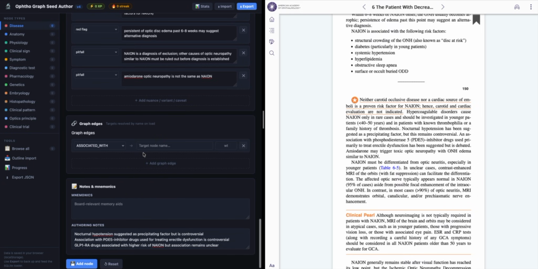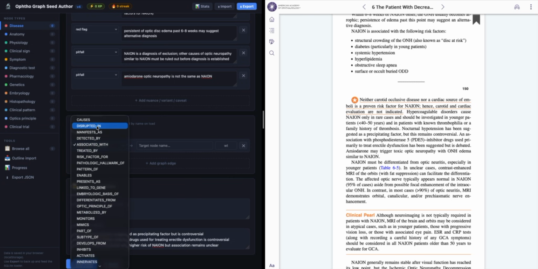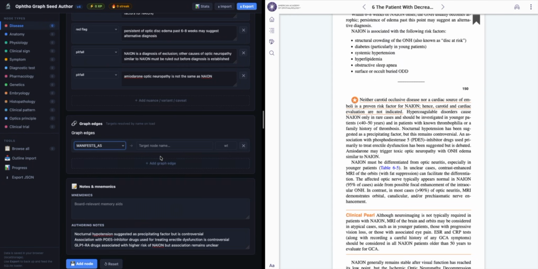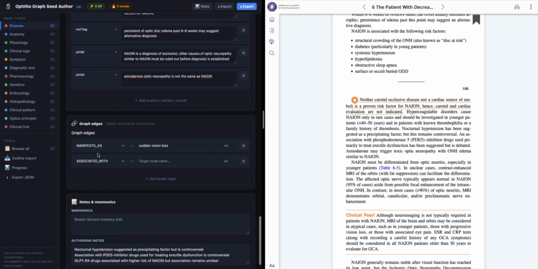All right, so then this graph edges is really interesting, and this is what I really like about how AI constructed this tool, is that there's all these different associations or relationships that each node of concepts relates to other concepts. So say, for example, NAION, maybe we can say manifests as sudden vision loss, right?